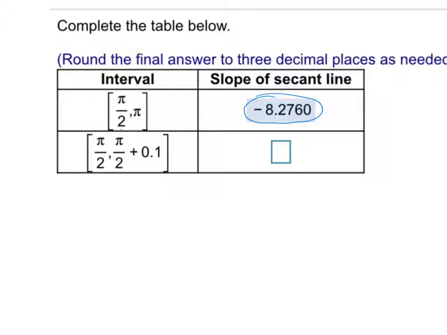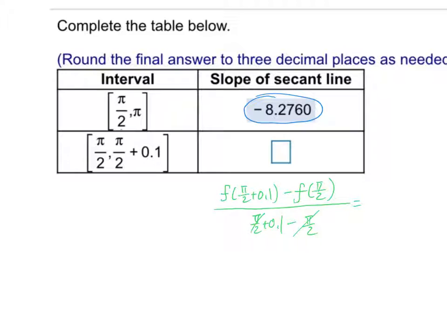When you do that, you're going to use f of pi over 2 plus 0.1 minus f of pi over 2, right? Divided by pi over 2 plus 0.1 minus pi over 2, which is 0.1 at the end.